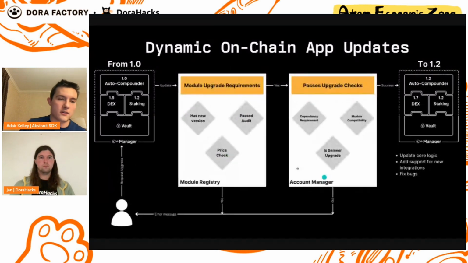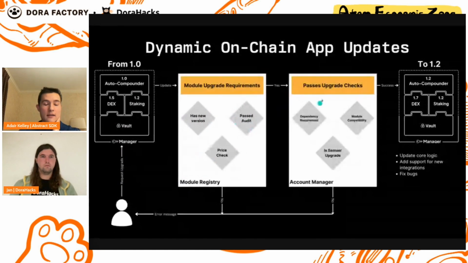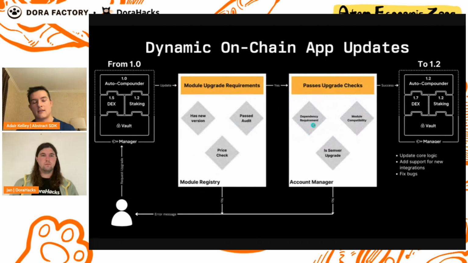With this auto-compounder here, say that we have a new integration with a new DEX, or we fixed some bugs. Well, we can tell the application manager, which is a smart contract, to upgrade the modules within it. It'll reach out to the module registry, check the version requirements, and it'll check the contract's version upgrade checks, which check the dependencies of the contract as well as the compatibilities and making sure that it's actually an upgrade.